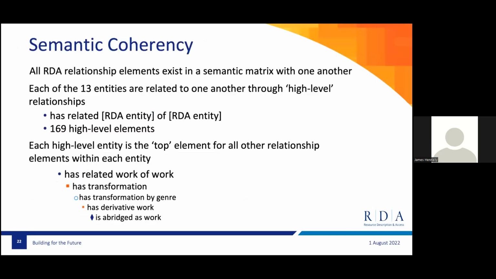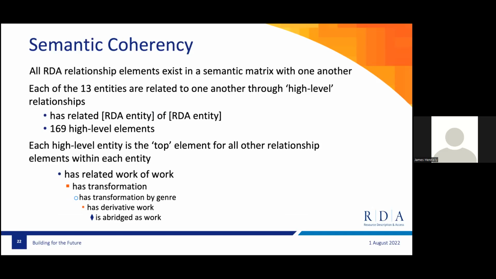So now I want to talk about the semantic coherency of the RDA element set. This is where we use linked data to link everything together. All the RDA relationship elements exist in a semantic matrix with one another. For each of the 13 entities, which are RDA entity, work, expression, manifestation, item, agent, collective agent, family, corporate body, person, nomen, place, and time span, each is related to the other 13 entities through high-level relationships.